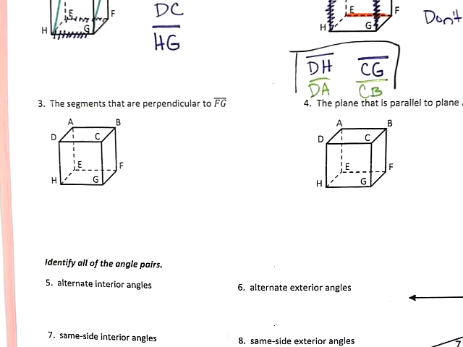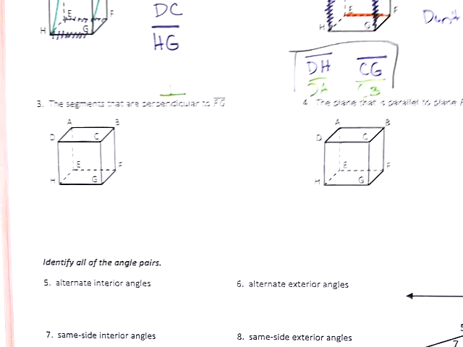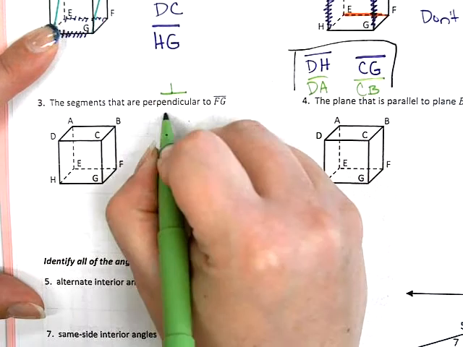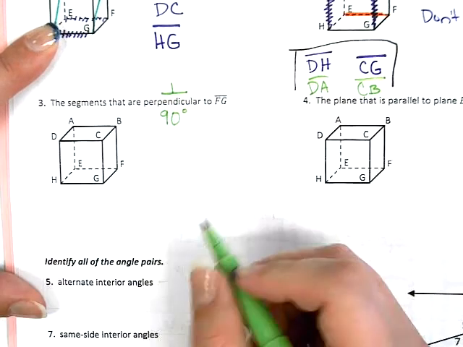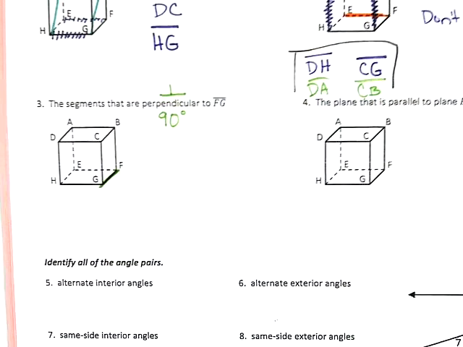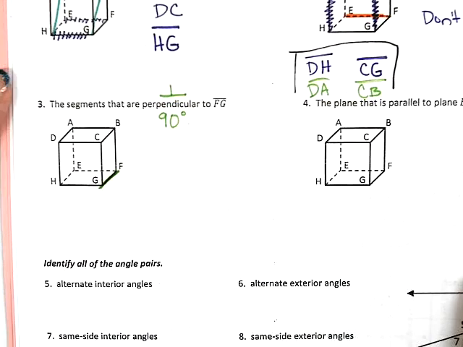All right, then let's take a look. We want segments that are perpendicular to FG. So first of all, let's write the perpendicular symbol above perpendicular just so we remember what it means. Perpendicular means that they intersect at 90-degree angles. Okay, so here's FG, and we want anything that is perpendicular to it. Now, it's not marked in the diagram. However, we are assuming that these figures are boxes, which means that all of the edges are 90 degrees.